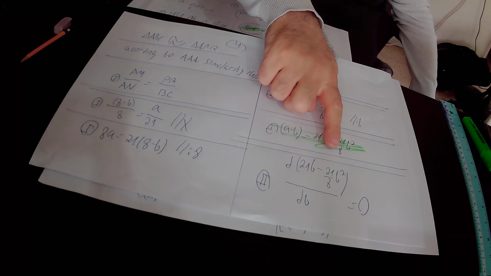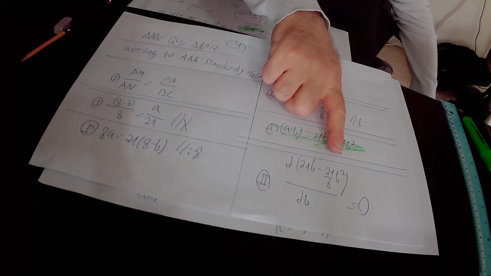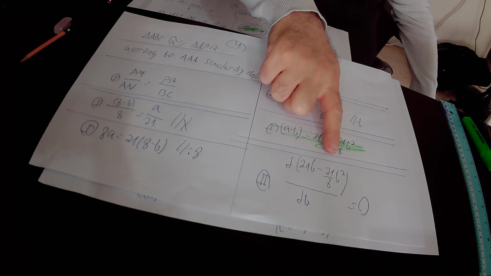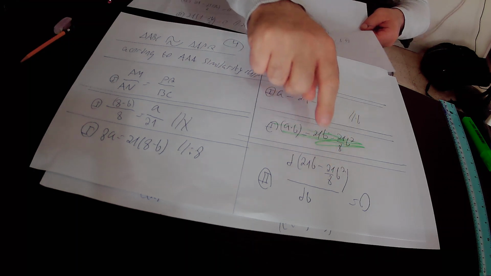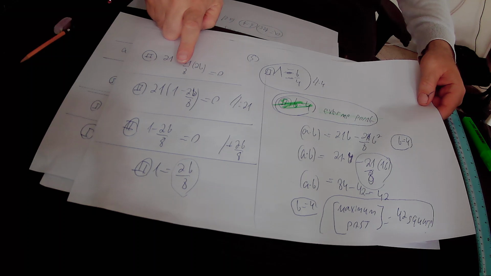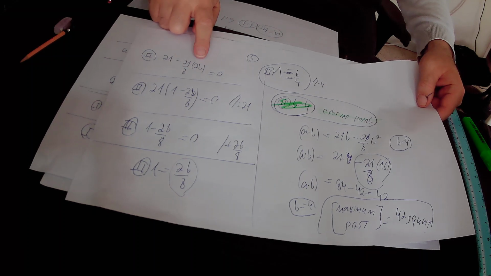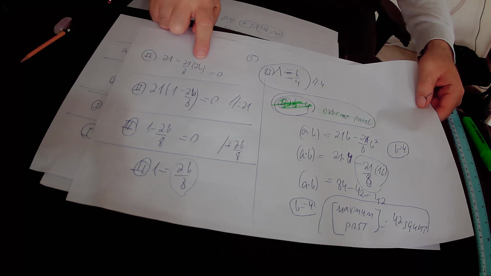We know that the derivative of b squared is 2b, and therefore the derivative of this expression will be equal to minus 21 over 8 times 2b.